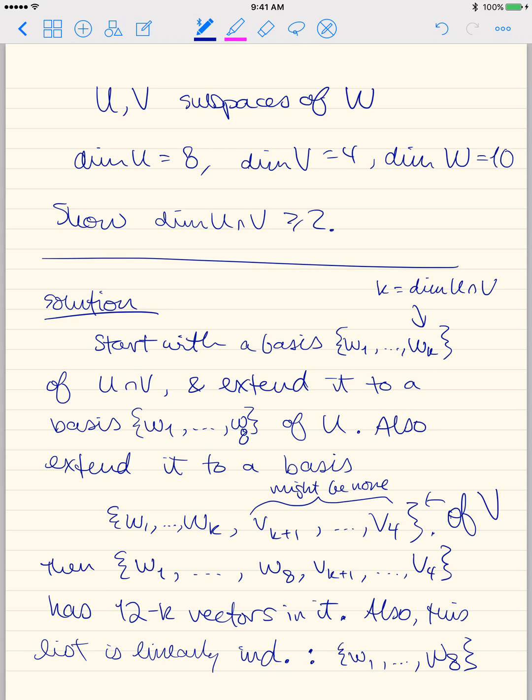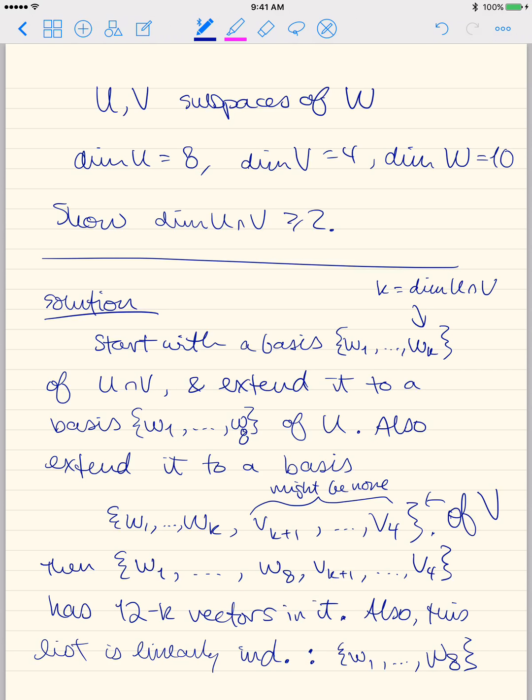Yes. Because it's not in the intersection of U and V, because you have to expand the intersection to get those vectors. And so because it's not in the intersection of U and V, it won't be in the span of W1 to W8.